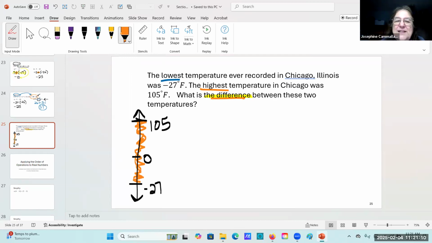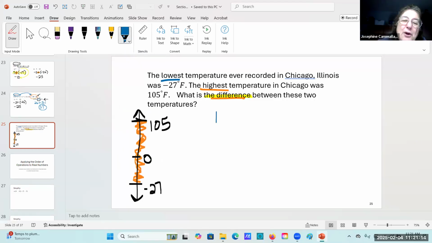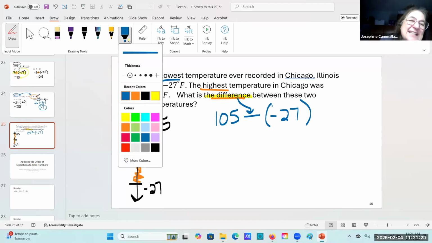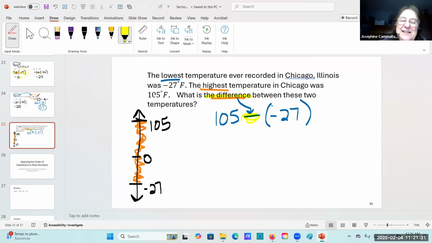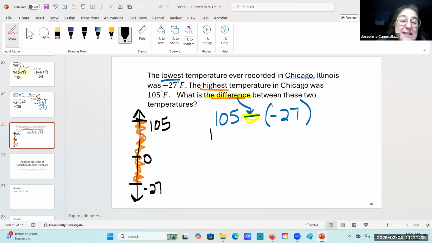Well, difference means 105 minus negative 27. Difference means subtract, and when you subtract, it's always big minus small.